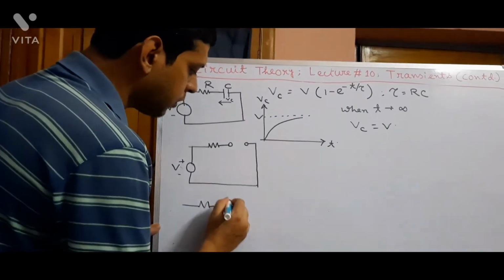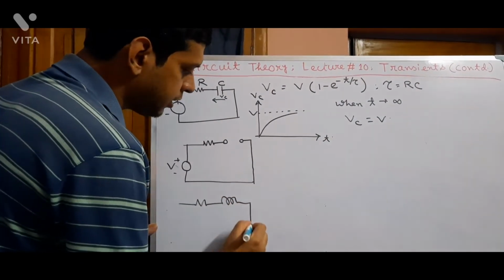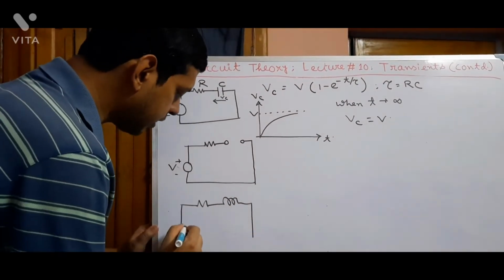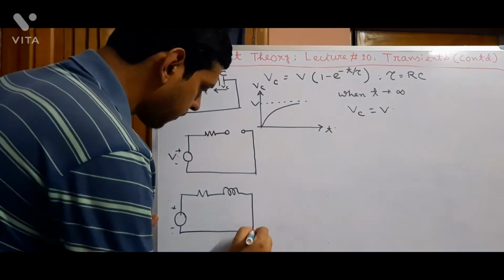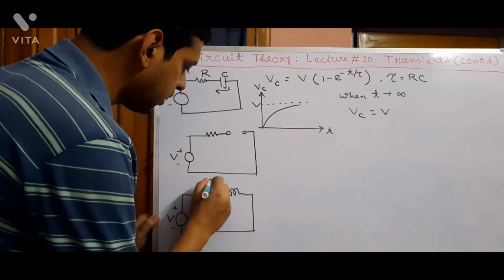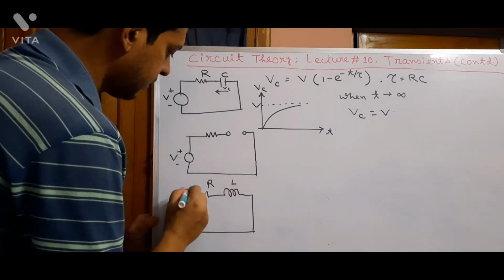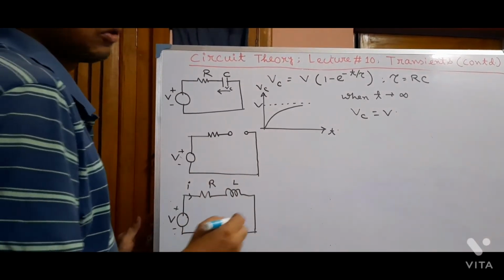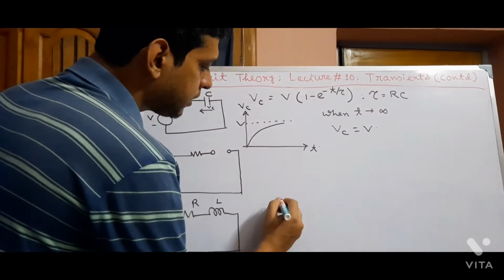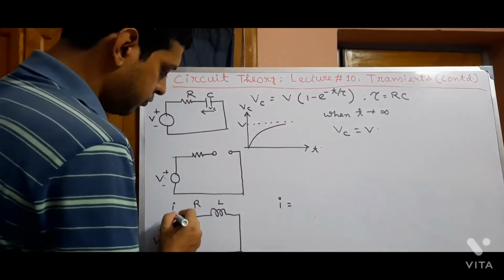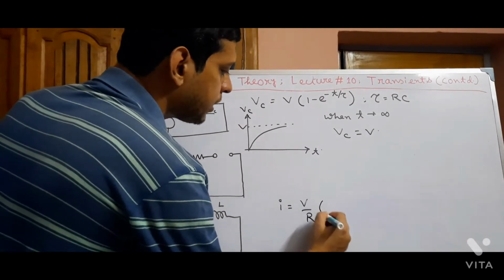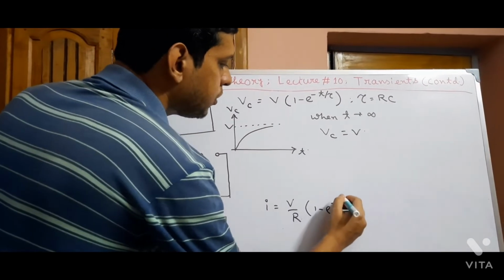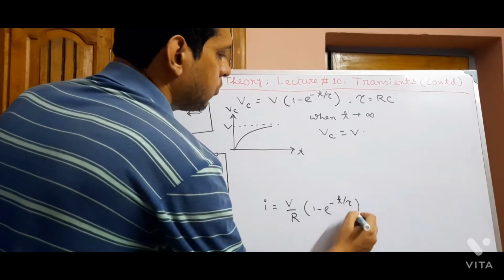Now let us recall the equation of charging an inductor with the help of a DC voltage source, RL. Here the equation of I through R and L is given by what? V by R into 1 minus e to the power minus t by tau.